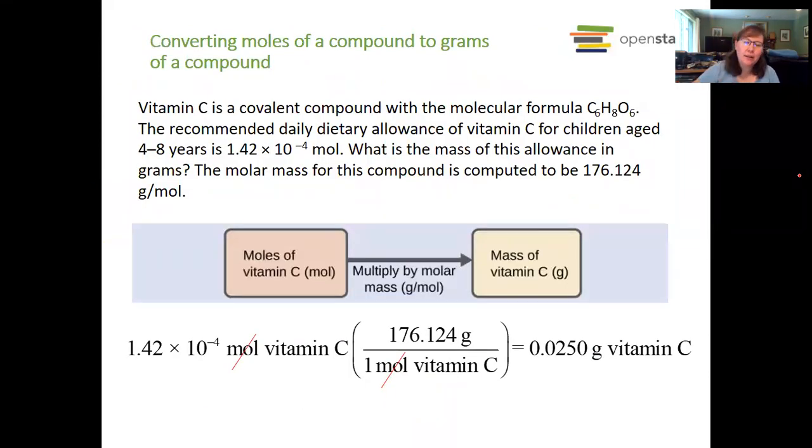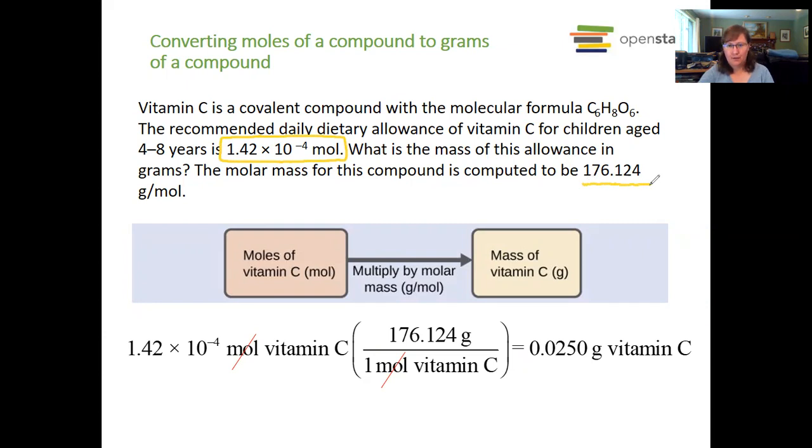All right, now let's look at another one like this. It says vitamin C is a covalent compound with the molecular formula C6H8O6. Okay, and the recommended daily allotment for children 4 to 8 years is 1.42 times 10 to the -4th moles. So they want to know what is the mass of this allowance in grams, and they actually tell you here.